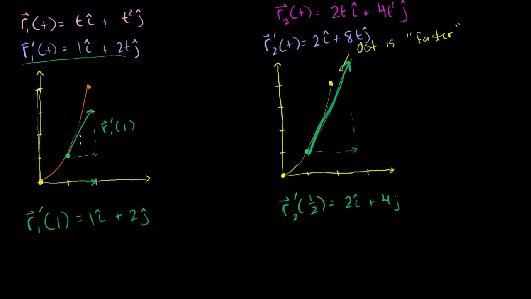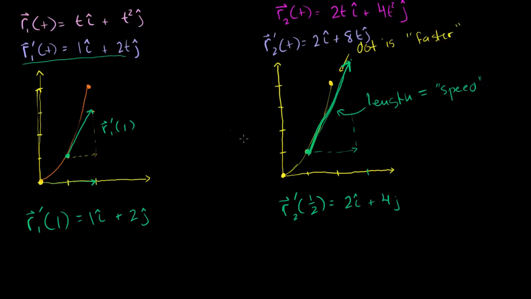And that makes sense, because I hinted at it when we first talked about these vector valued position functions and their derivatives, that you can kind of view the length as the speed. The length is equal to the speed. If you imagine t being time, and these parametrizations are representing a dot moving along these curves. In this case, the particle only takes a second to go there. So at this point in its path, it's moving much faster than this particle is.